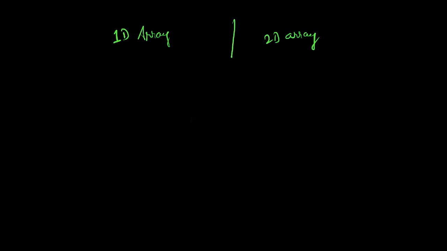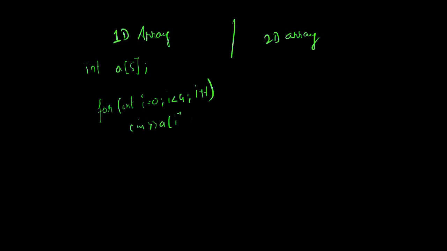In a one-dimensional array, when I get a value, I declare int a of 5, and here I use a for loop: int I is equal to 0, I less than 4, I plus plus, and here I give cin a of I. This gets me the value for a one-dimensional array during runtime.